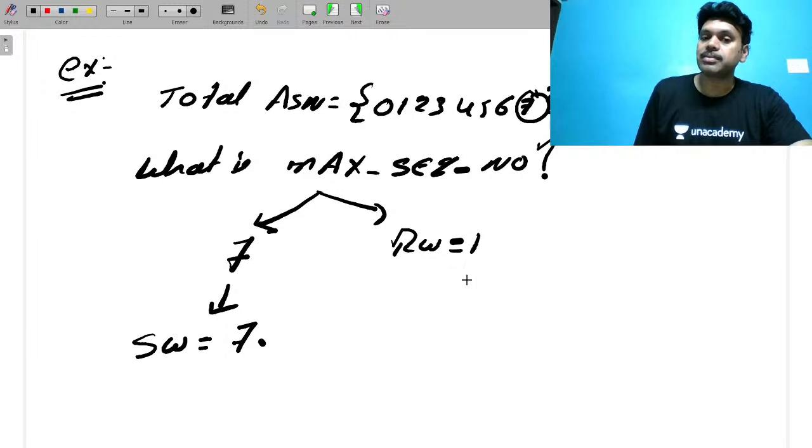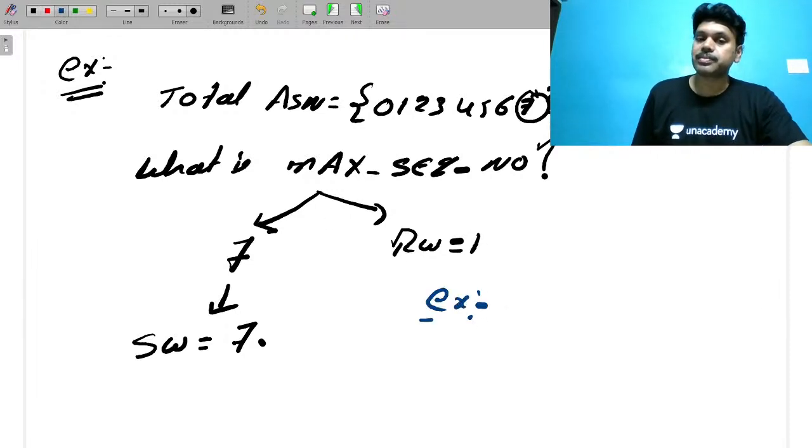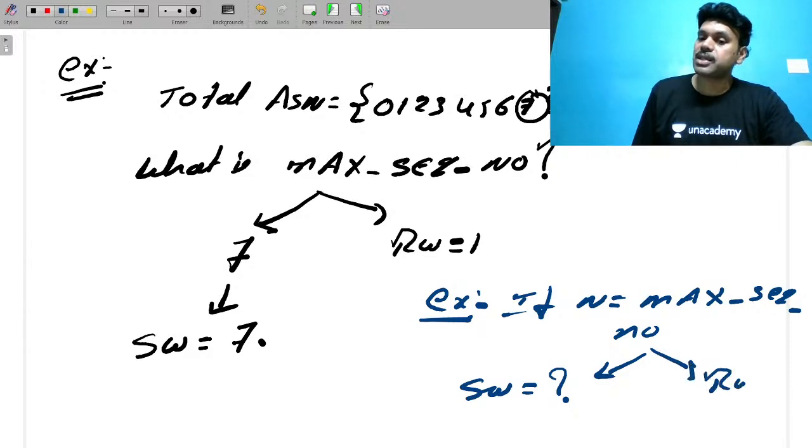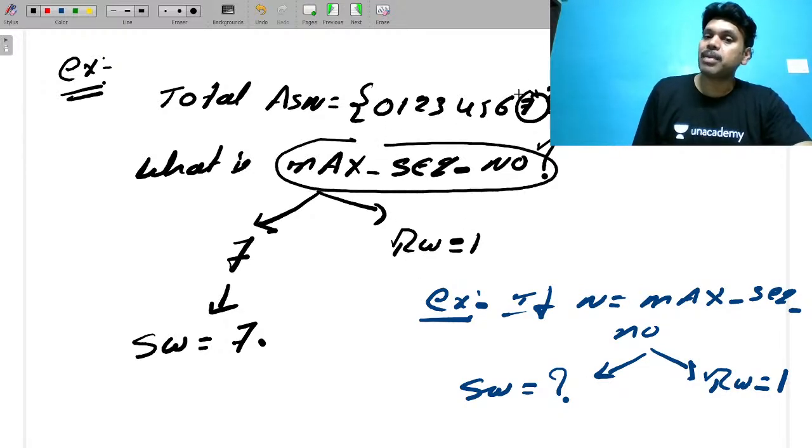Now I want to put a question like this. If n is equal to maximum sequence number, what is the sender window size? What is the receiver window size? Receiver window size is always 1. What is the sender window size? Please follow the previous example. In the previous example, the maximum sequence number is 7.